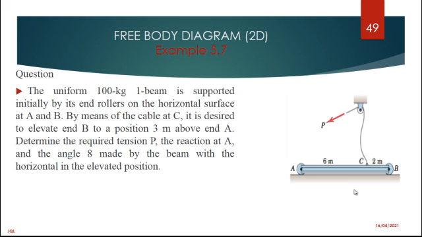What this means is that A will remain wherever it is. The I-beam will be something like that. Then here we are going to have our P. Of course, here we are going to have our 3 meters, which is the distance from here to there. We are looking for this angle, we can call it theta.